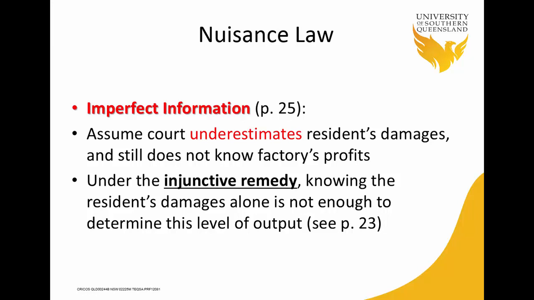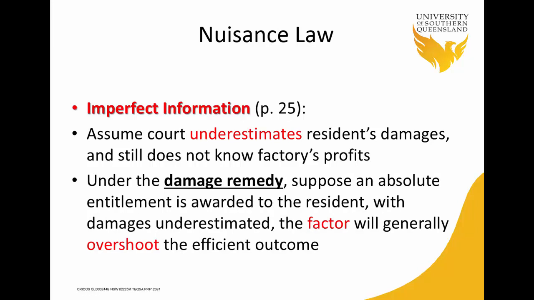We're only going to underestimate them. So now under the injunctive remedy, knowing the resident damages alone is not enough to determine the efficient level of output. And under the damages remedy, we suppose again an absolute entitlement is awarded to the resident with damages underestimated. What happens? The factory will generally overshoot the efficient outcome.